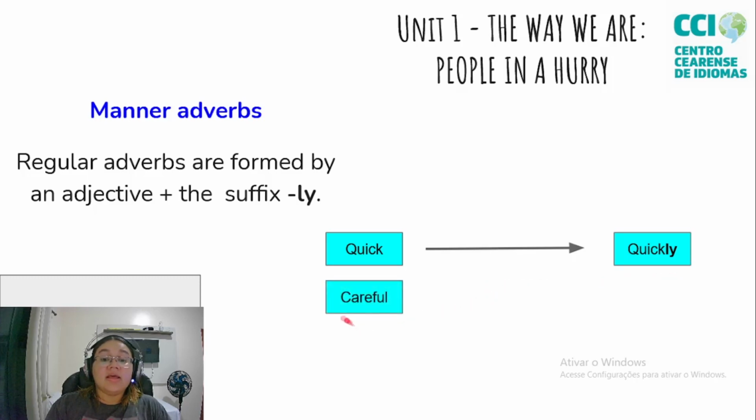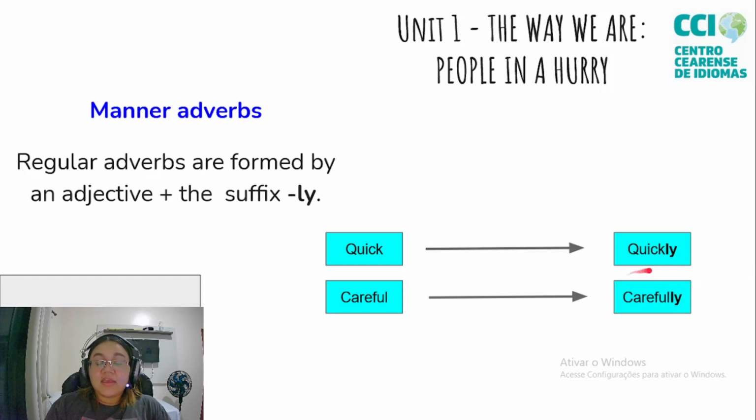Another one, careful. How do we turn the adjective careful into an adverb? By adding this ending: carefully. But not all words will receive this ending. For instance, the adjective easy ends with a y, right?